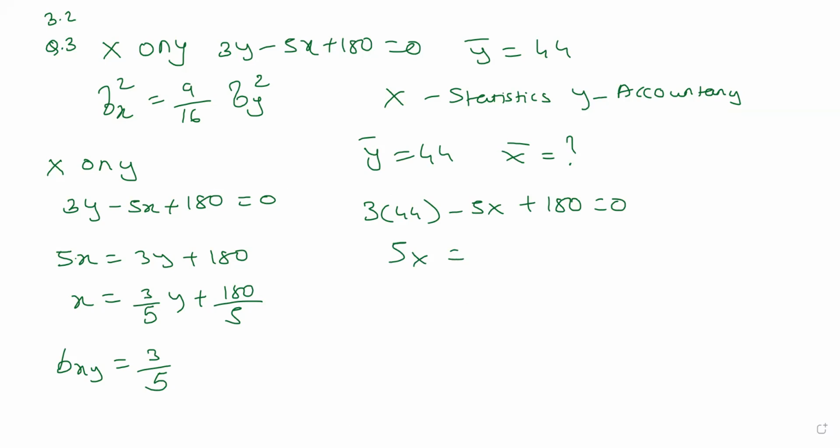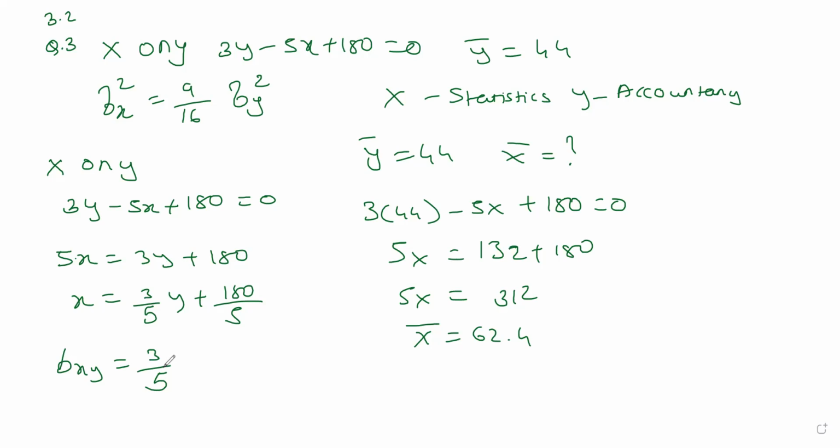So 5x is 44 into 3, 132, plus 180. So 5x is 312. So x is 312 divided by 5. So bar x is 62.4. Bar x is 62.4 because if this is the regression equation and bar y is 44, if I put bar y here, I will get bar x.